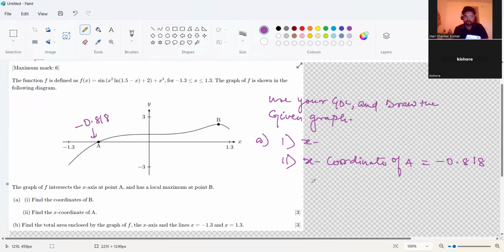And the x coordinate of B is equal to 1.116, so this is 1.12.